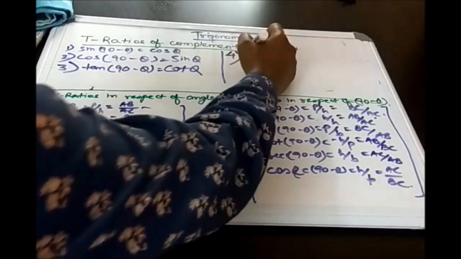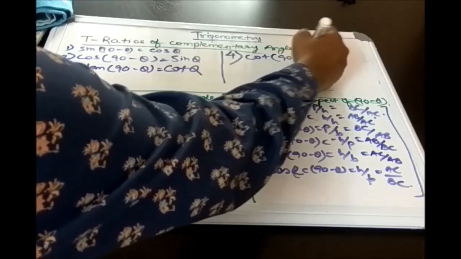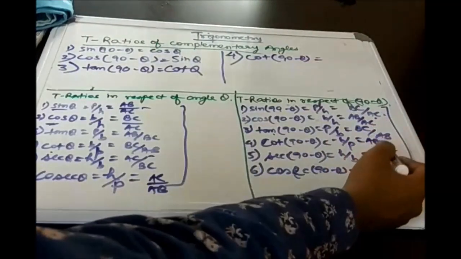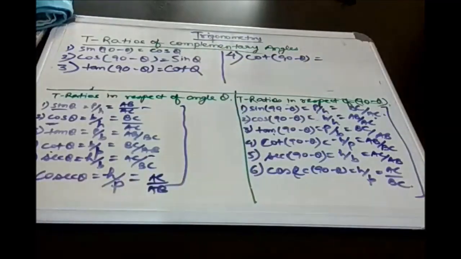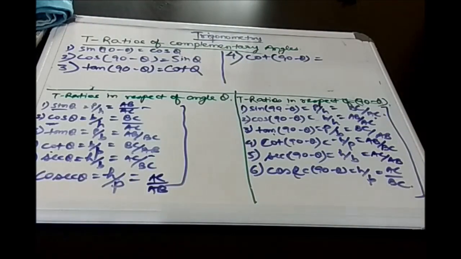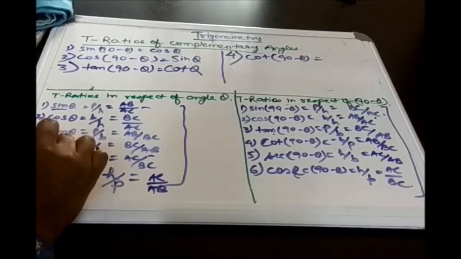Cot 90 minus theta is AB by BC. Now you see this side. Where is AB by BC? See, here you find AB by BC. That is tan theta.